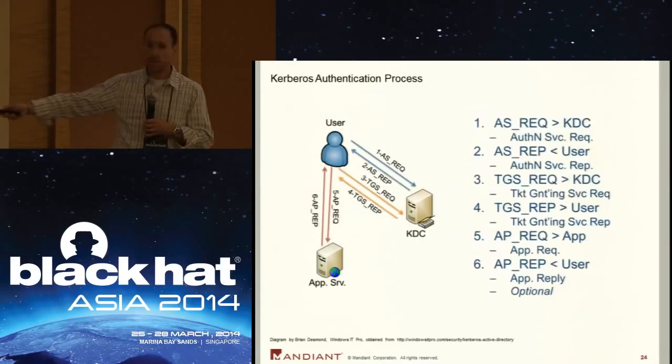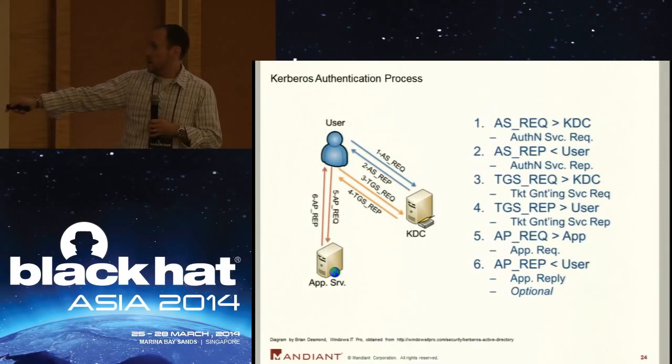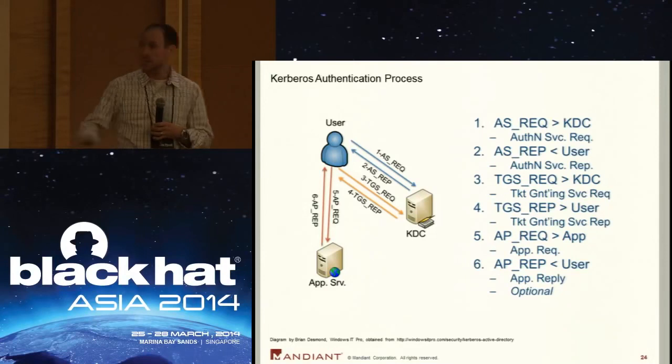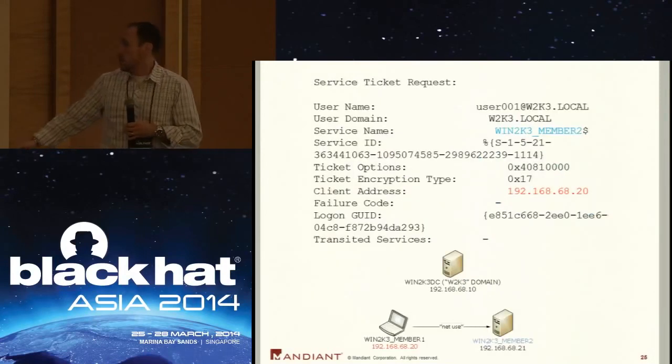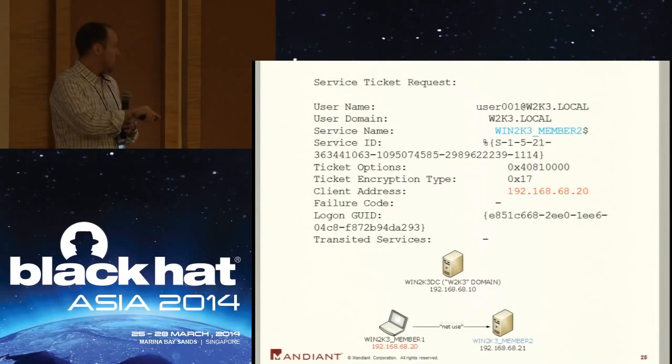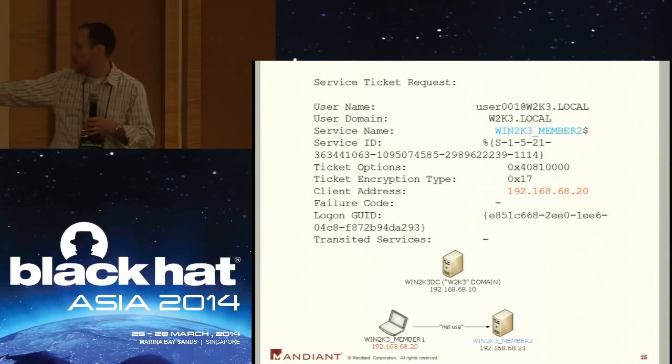But with these Kerberos service tickets, when a user, or really an account, requests access to a resource, there's an exchange with the domain controller where they're issued a service ticket that says, okay, yes, you're allowed to access this resource. So here's what you can do with it. This is from my test environment. I have Win2K3 member 1, which is .20, and Win2K3 member 2, which is .21.